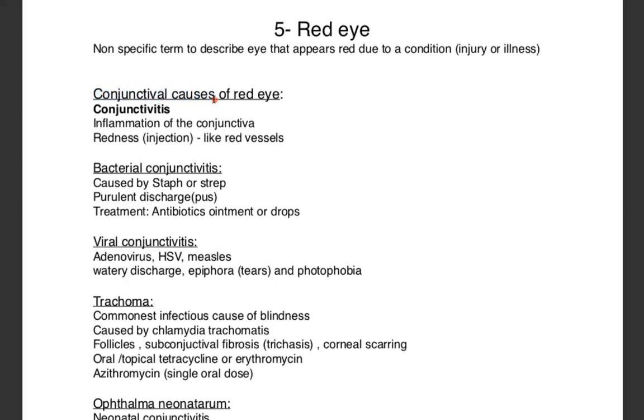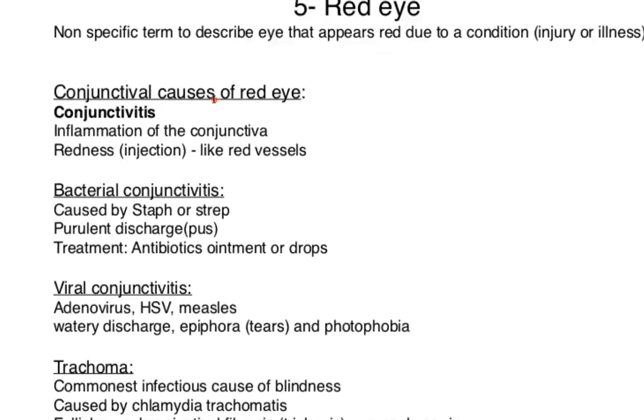So if the conjunctiva is the cause of the red eye, the first is conjunctivitis. Conjunctivitis is just the inflammation of the conjunctiva, and the redness looks like injection, or like red vessels. So you'll see the whole eye is red, with red lines. Why? Because we said the conjunctiva is clear except it has a lot of blood vessels.